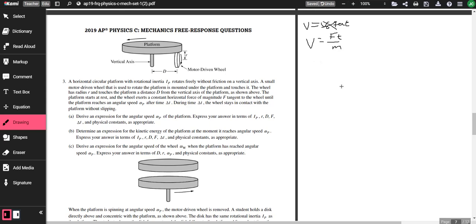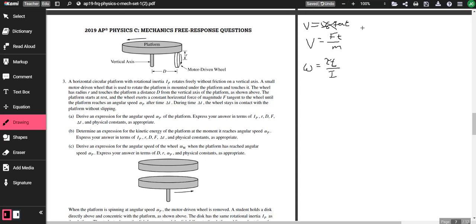I'm pretty much doing that same exact setup, except I'm changing everything to their rotational terms. So V would end up being an omega, F will end up being a torque, the time is the same thing, so that's still time, and mass is going to be that rotational inertia.